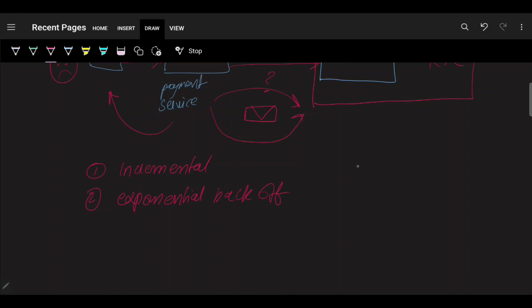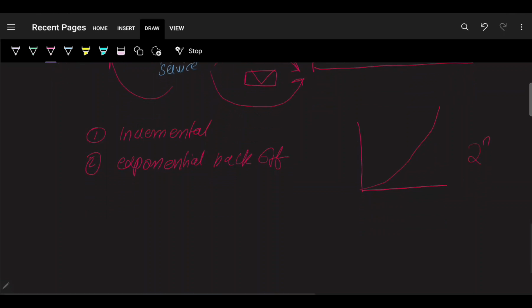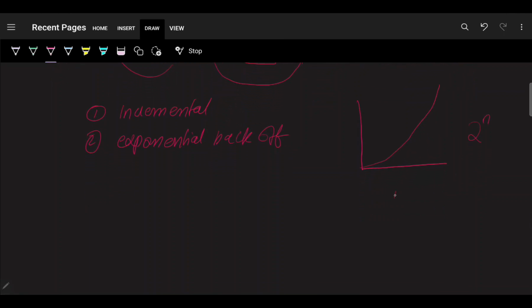So exponential backoff looks something like this. Just like an exponent graph, I hope I've done it right. Yeah, that's the exponent graph. So it goes up to 2 power of n, which means that if n is 1, you wait 2 seconds.